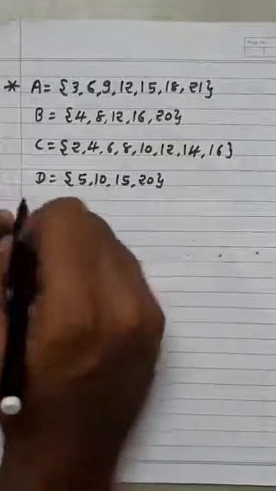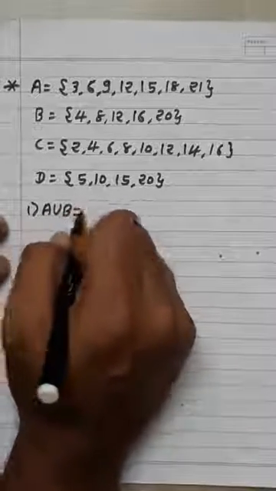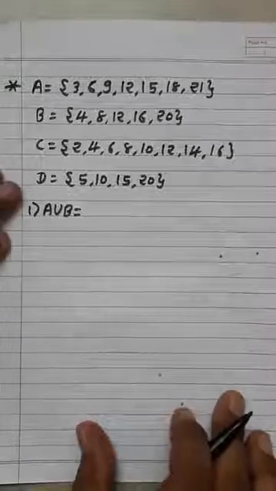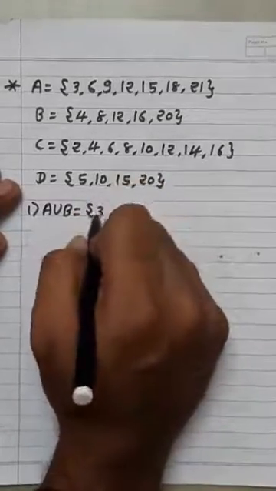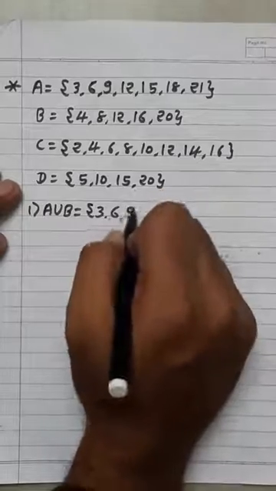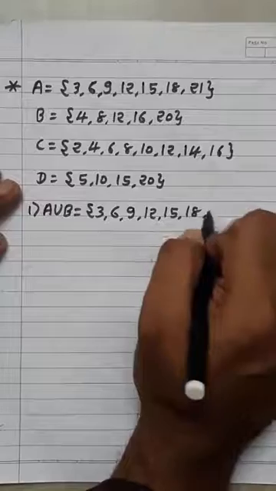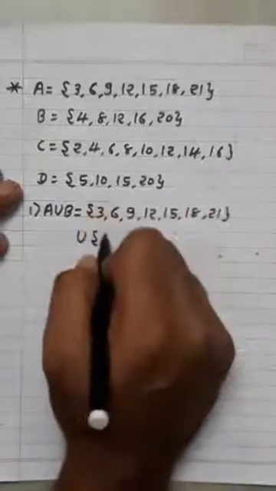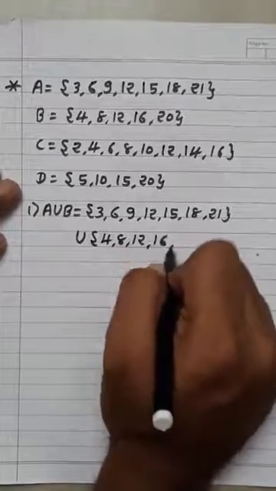Our question is, first find out A union B. A union B, that means all the elements of set A as well as all the elements of set B. So here A is 3, 6, 9, 12, 15, 18, 21, union set of B, which is 4, 8, 12, 16, 20.